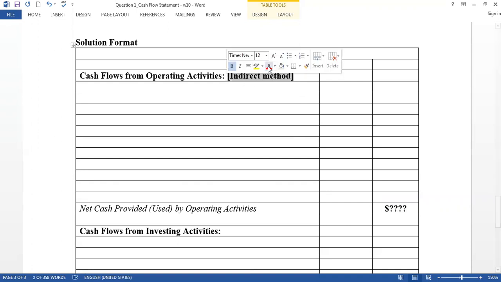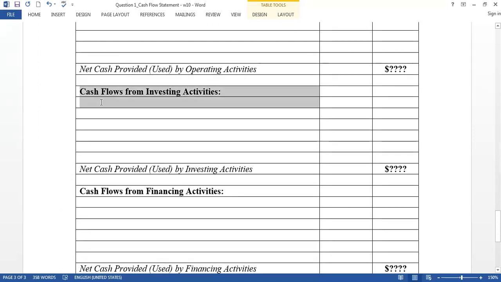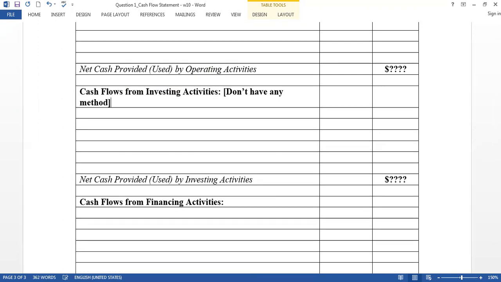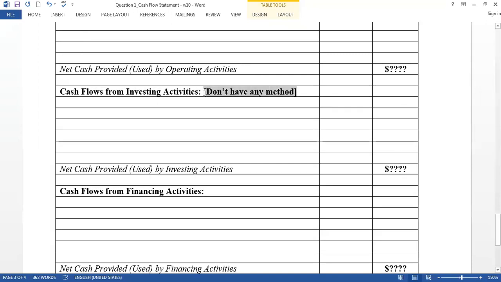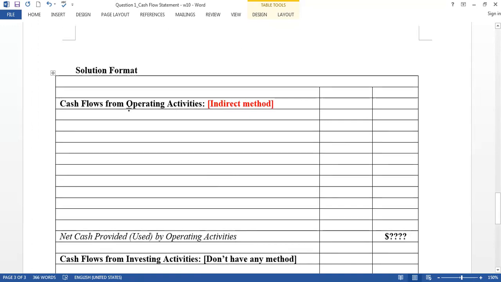We have to follow the indirect method, right? But investing doesn't have any method. We don't have any method for investing activities. We don't have any method for financing activities. There is no method. Only when we prepare operating activities, we have a method.